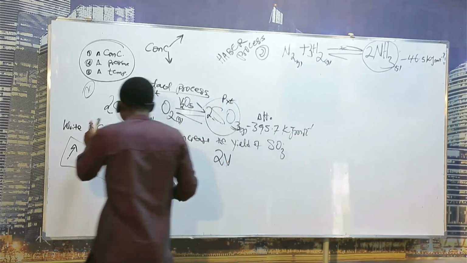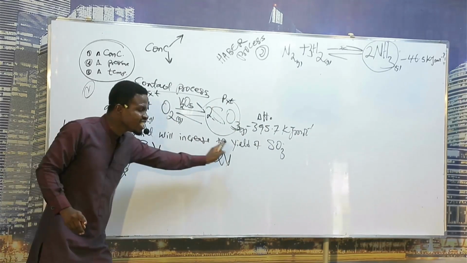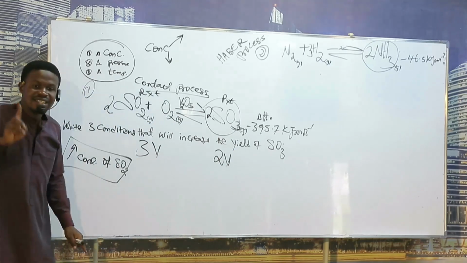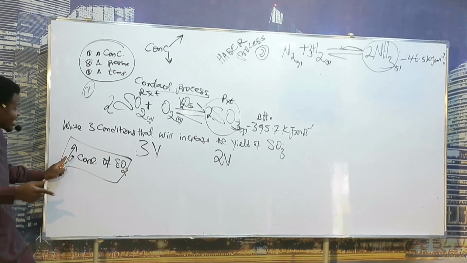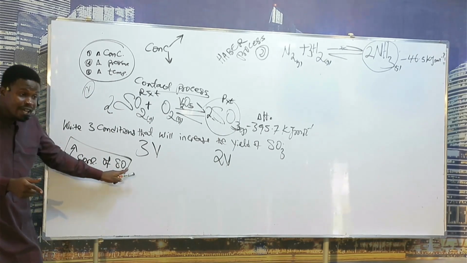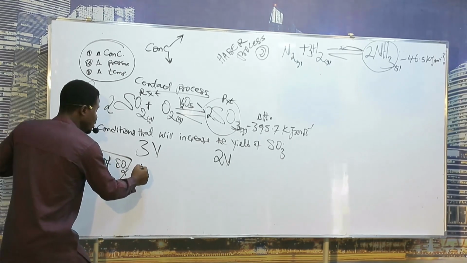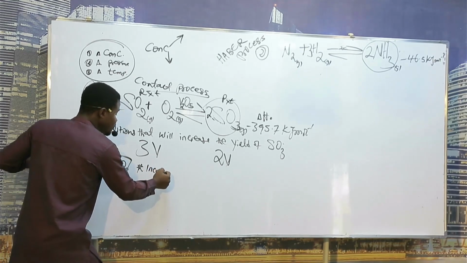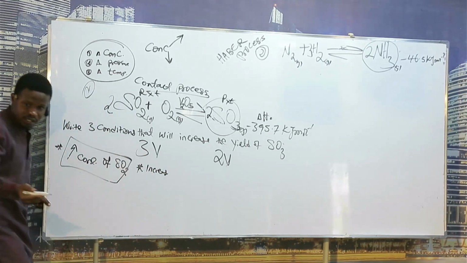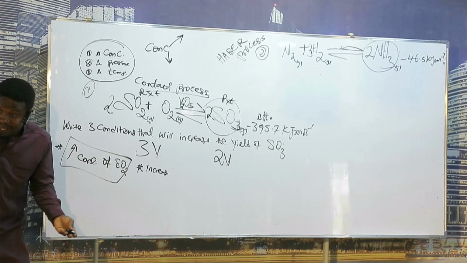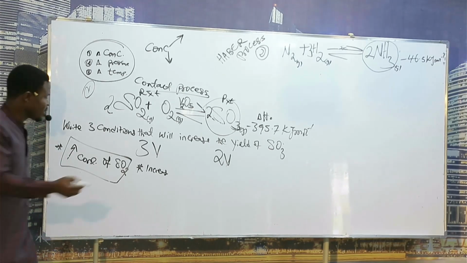So, what are the 3 conditions that will increase the yield of SO3? Let's list all the conditions. Number 1 was increasing the concentration of what? SO2. Number 2, increasing the quantity of what? Air.